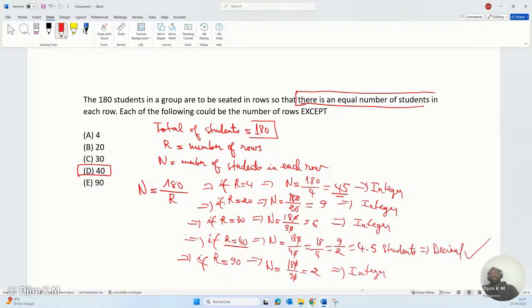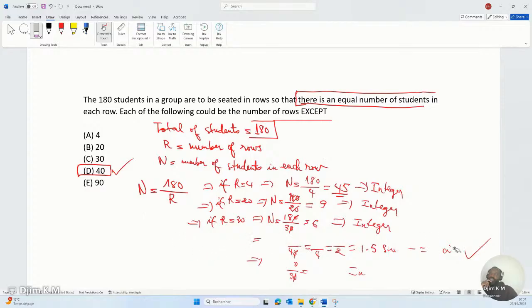So this is our answer. We're looking for the decimal because it says except. So we're looking for the exception. The only exception we have here is when r is equal to 40. Answer D.